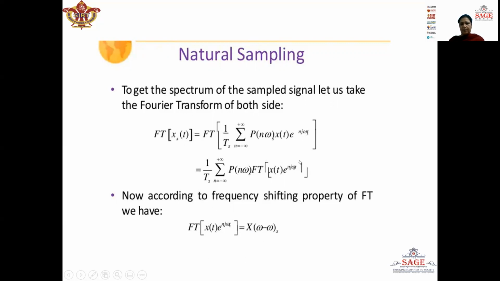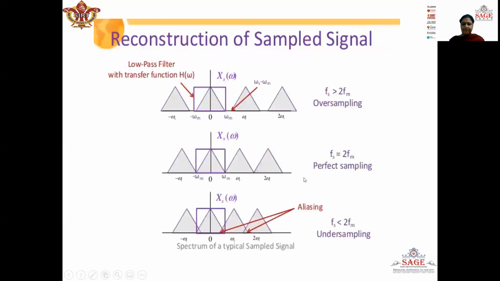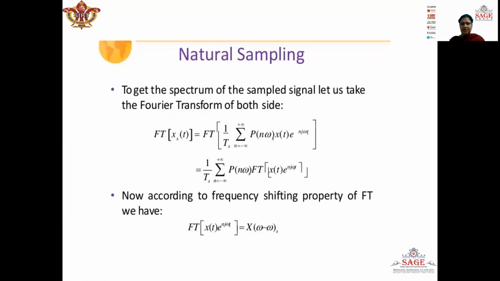So using this property here, I'll get X(omega minus n omega s) multiplied by P(n omega s). Analyzing this equation, we get that X(omega minus omega s), that means the spectrum of the basic signal X(omega), is repeated after every interval omega s.